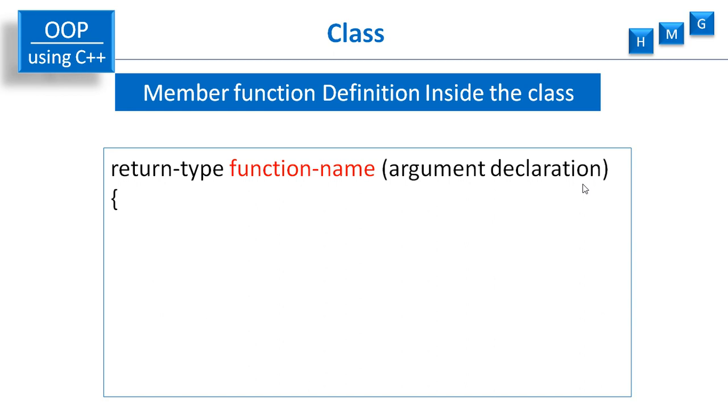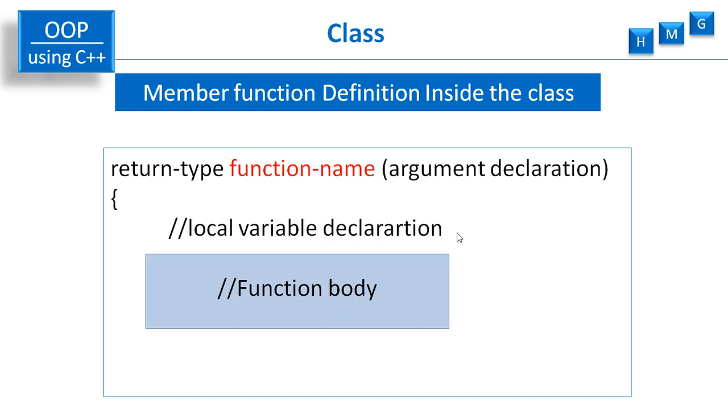Beginning of function, local variable declarations if required, the function body which will consist of the C++ statements to perform a specific task, return statement to return the value, end of the function. So this is the general format of member function definition inside the class.